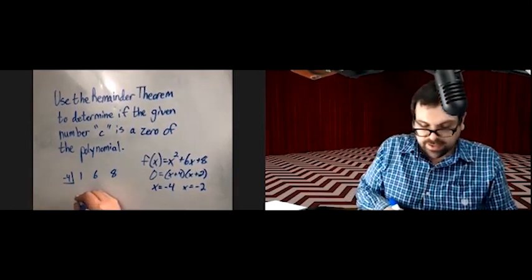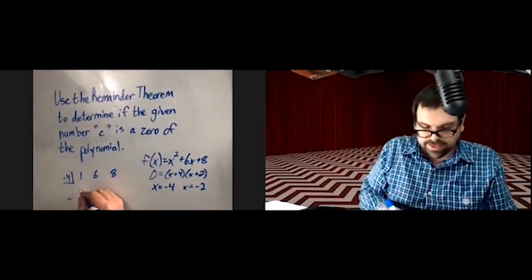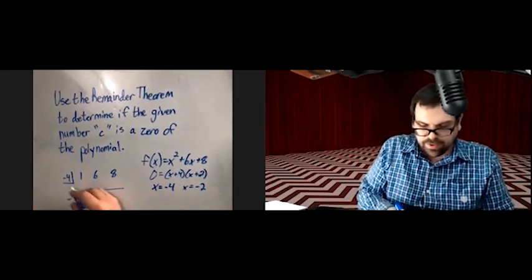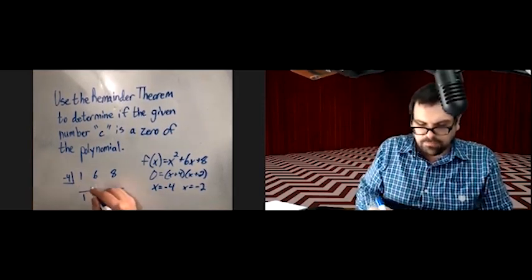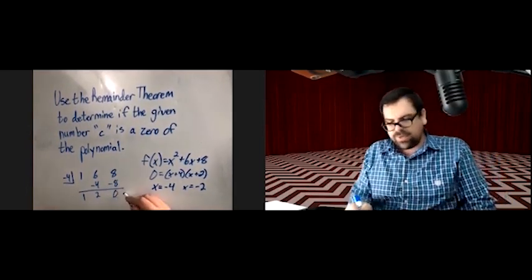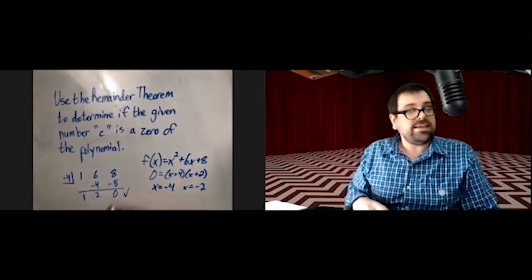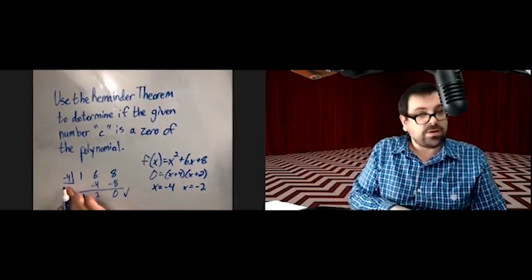And if we did -4 in the synthetic division, bring down the first number, multiply and add, we see we get no remainder. No remainder because it divides evenly. This is a 0.